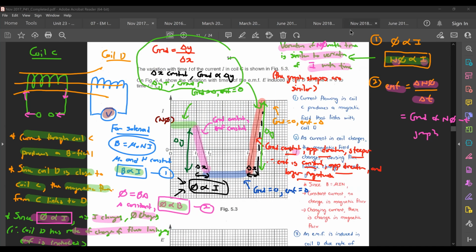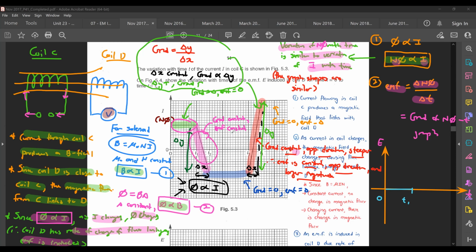If I wanted to draw a graph of EMF induced versus time, like E versus time, the first section is 0 EMF. So I get something like this. This one will be from 0 to T1. And then the second section is this one.